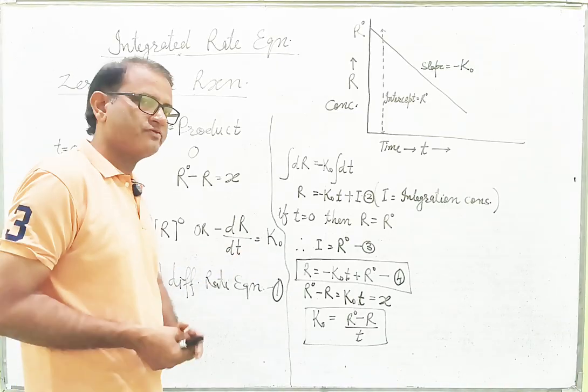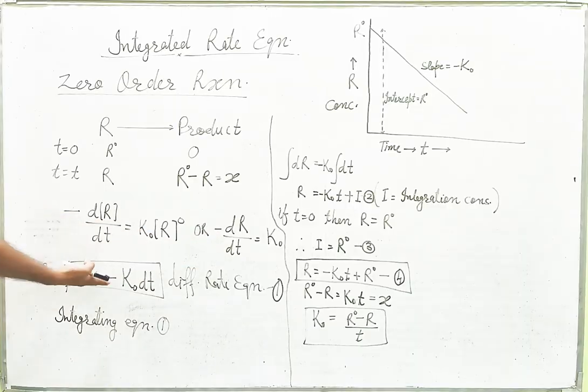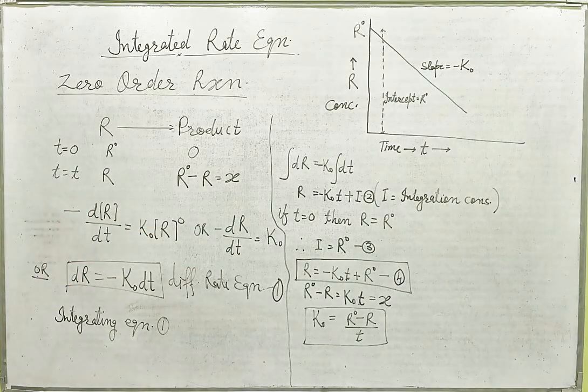K0 is rate constant for zero order reaction. So this is the differential rate equation, what we have already discussed when we discussed rate of reaction, instantaneous rate of reaction. So now what we have to do is integrating this equation number 1.